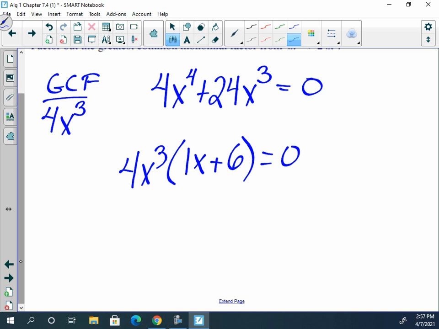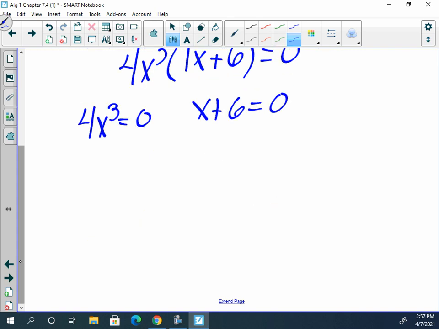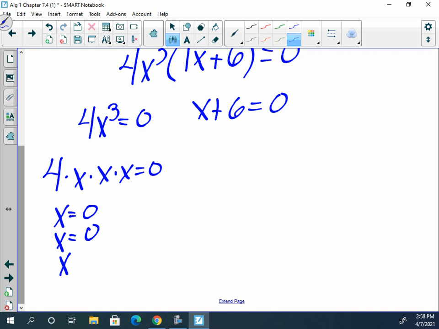So if we were to solve this, we'd have 4x cubed equals 0, and x plus 6 is equal to 0, yes? Now, 4x cubed, that's really just saying 4 times x times x times x equals 0, yes? Well, if I have more than one thing multiplied together to equal 0, one of them has to be 0. So here, x would be 0, x would be 0, x would be 0.